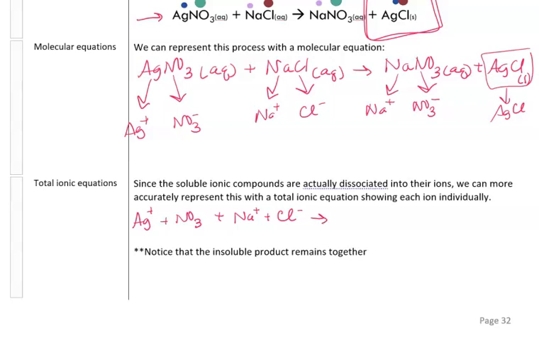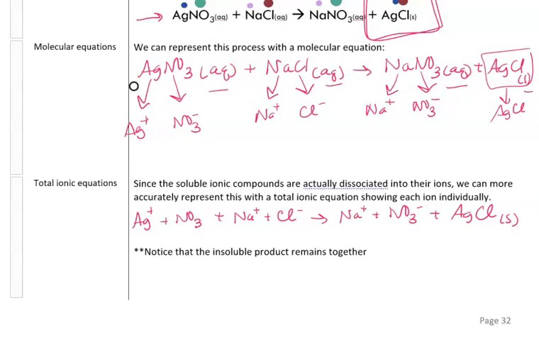And then in our product, we still had a sodium ion and a nitrate ion, but our silver and chloride ions formed a solid. So that's our total ionic equation, and we get it just from looking at our molecular equation and those states of matter symbols.